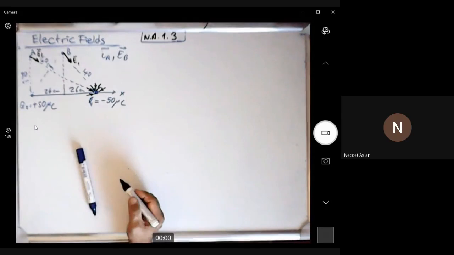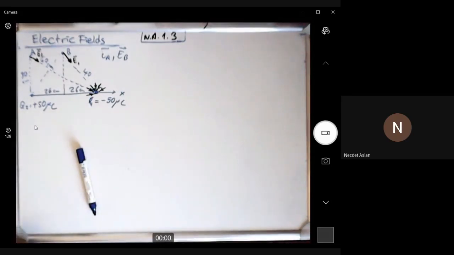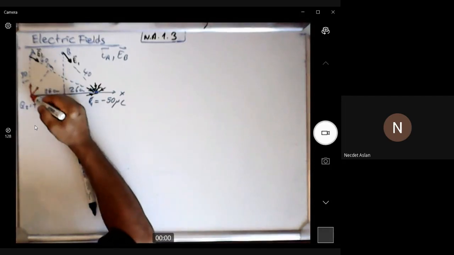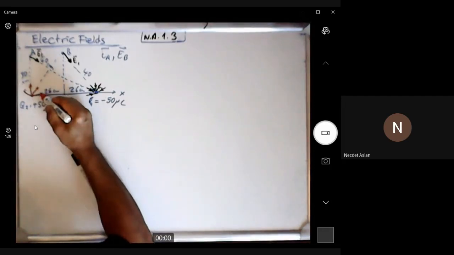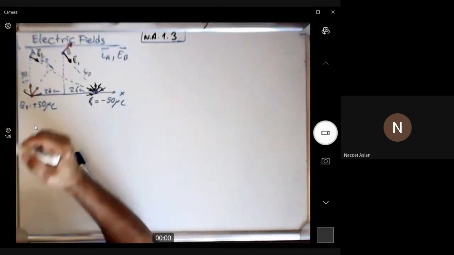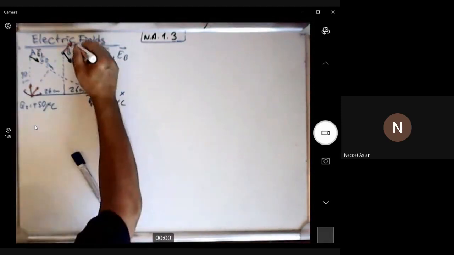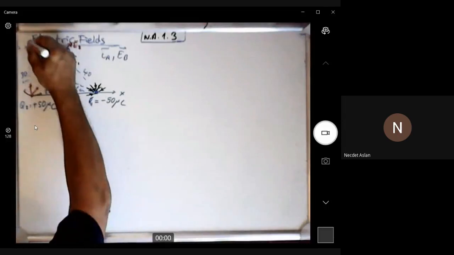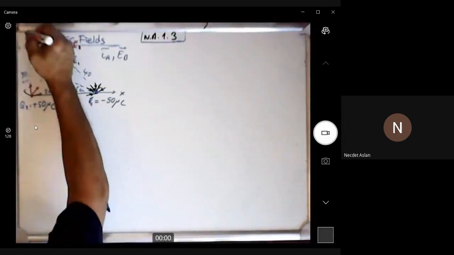Good. Having determined the directions for each charge, the problem will be easier to solve. For the second one, because this is plus, the electric fields will be away from this charge like that. And then obviously this will give you an electric field this way. Say this is E2. Put the vector sign always, and here it will also be away, like that.